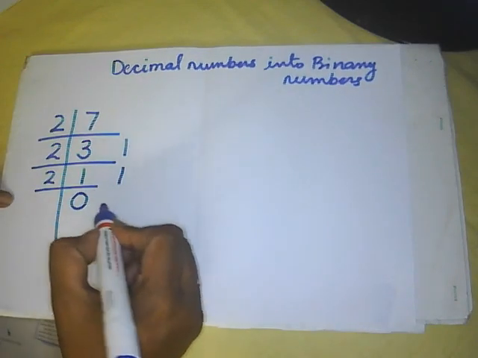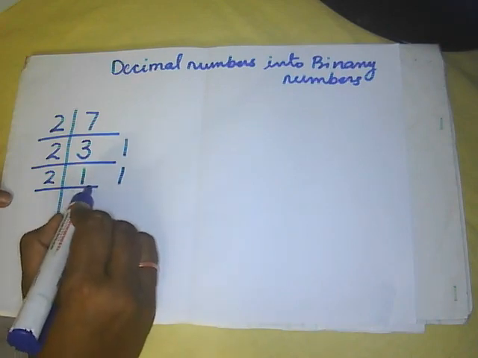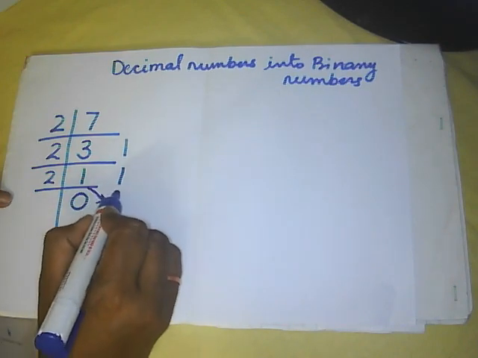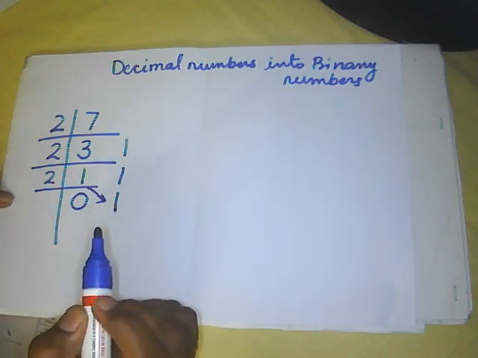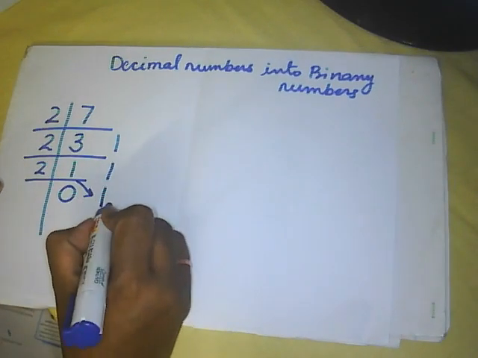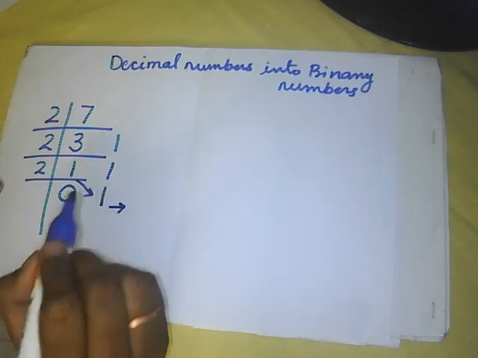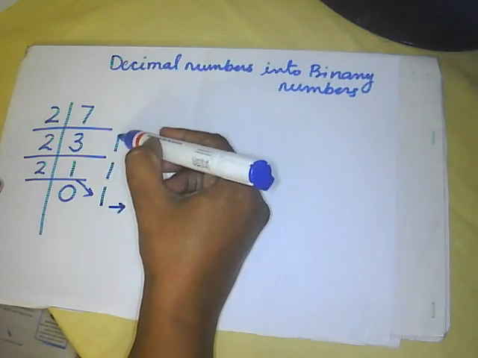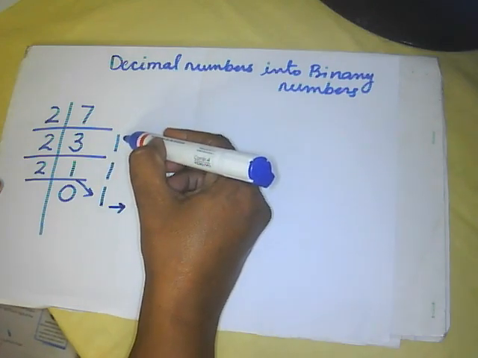Now how do we get the binary number? Bring this 1 under this remainder. This is known as the most significant number, and the one we get on the top will be called the least significant number.